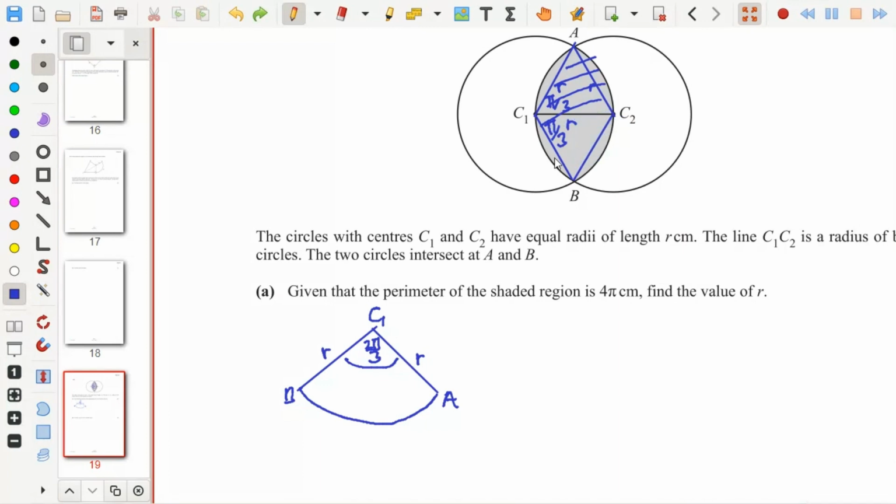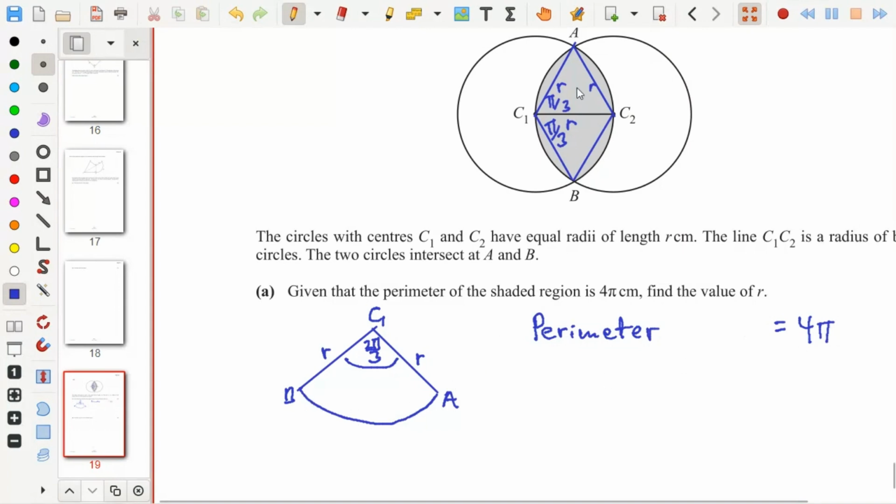Okay. Now they told me that the perimeter of the shaded area is 4 pi. However, I can find the length of this arc. Now the perimeter is equal to 4 pi.